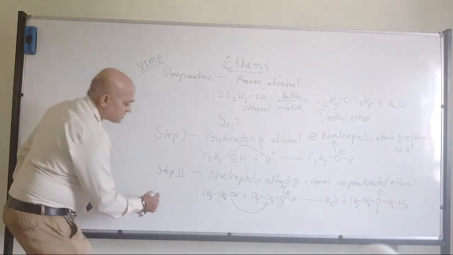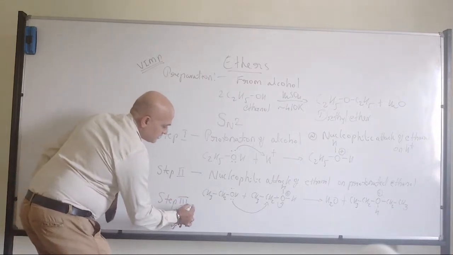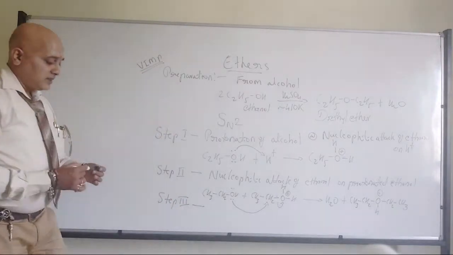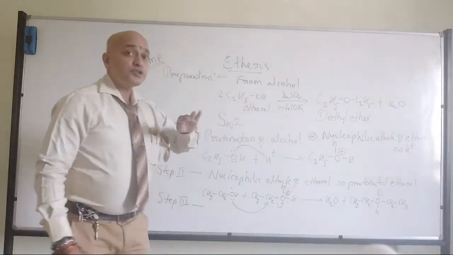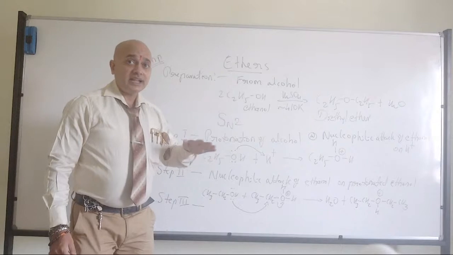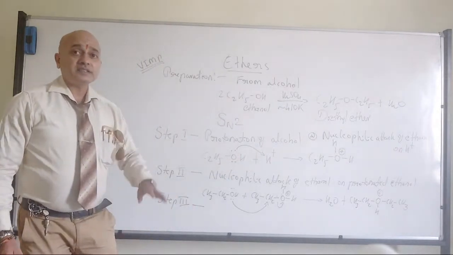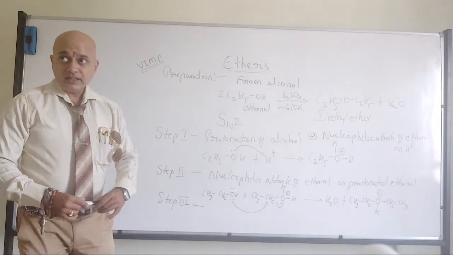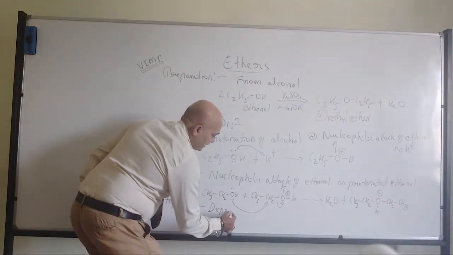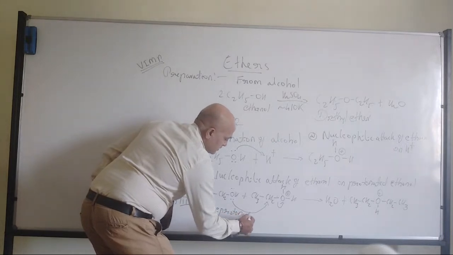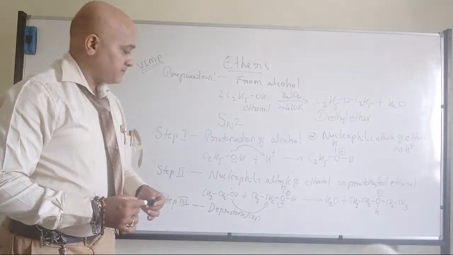Now the last step, that is step 3. Last step is deprotonation because H2SO4 should not be consumed. It is acting as a catalyst. So whatever H plus has been utilized, it has to be given back. So therefore last step will be deprotonation. Right?